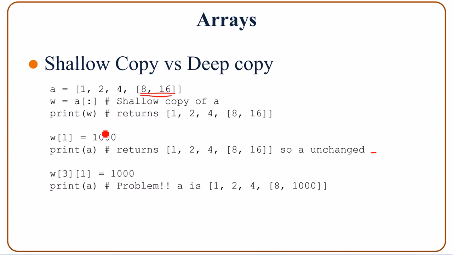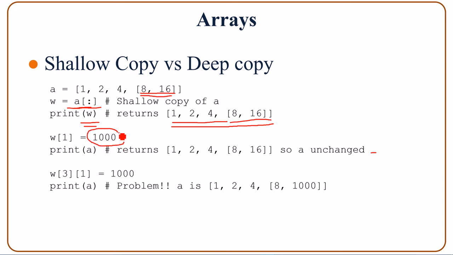So if we follow the same steps we did previously, we now make a shallow copy of a. And then we print w. What we get is this. And we thought we get a separate copy from a, and we can safely make changes to this without changing anything in a. So let's see.